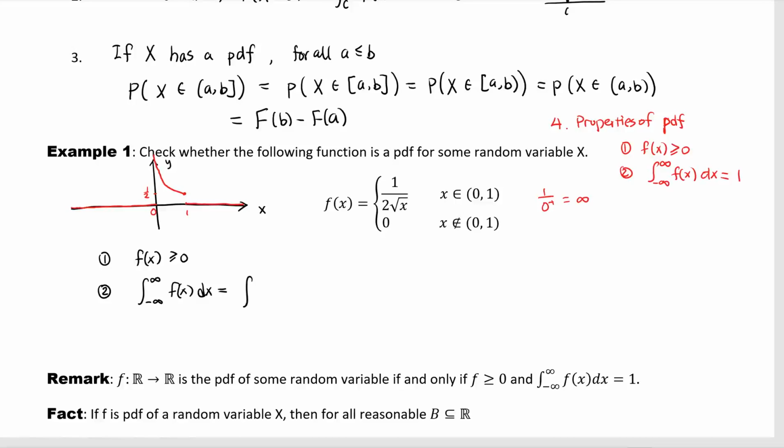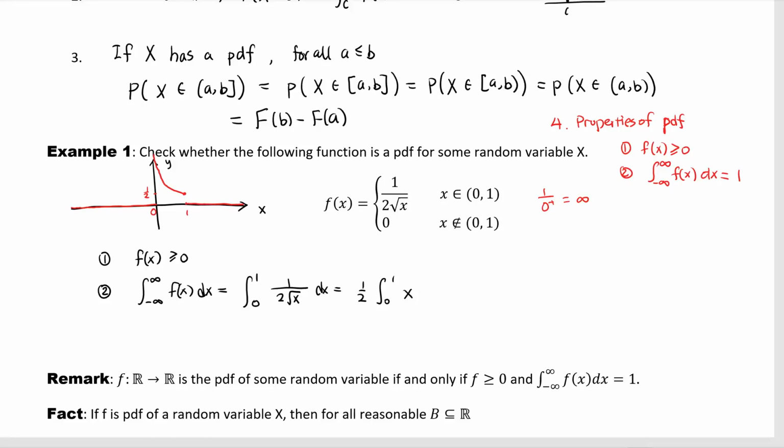When x is outside of 0 to 1, f(x) is just 0, so this integral is the same as the integral from 0 to 1 of 1 over 2 square root of x dx. Since we see a constant multiple, we can pull it out. So that's 1/2, and we make it into the standard form. This is x to the what?